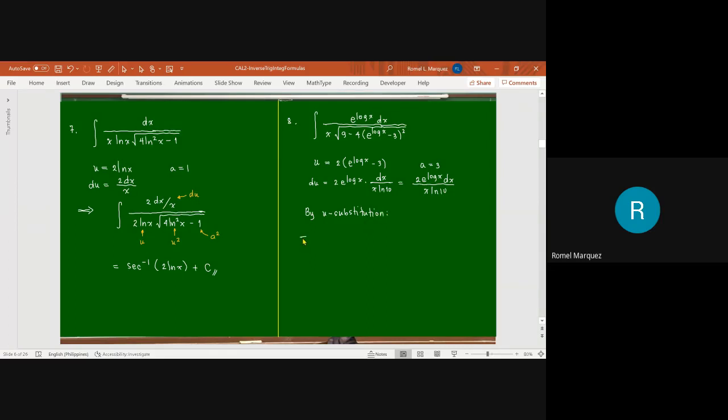So we get the integral of... What is the value of e to the log x dx in terms of u? It becomes du over what? The e to the log x. Du over... so guys, it becomes ln 10 du over u.